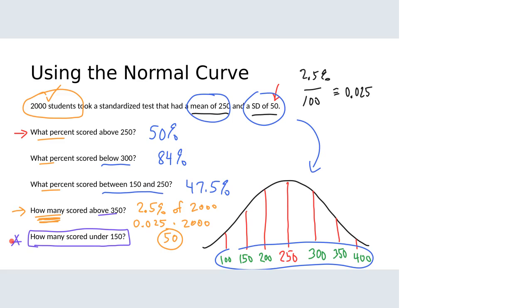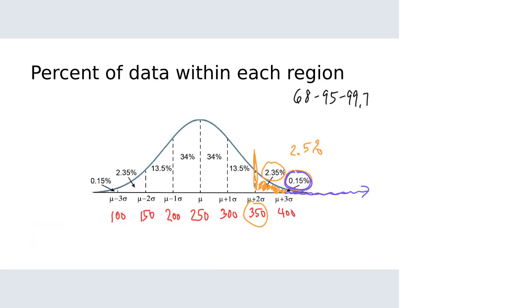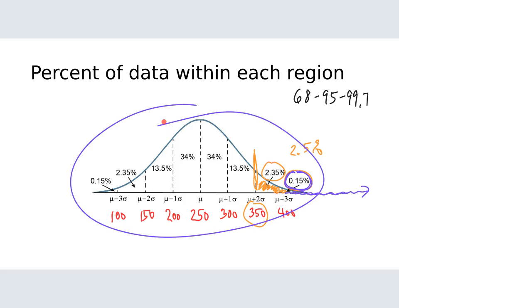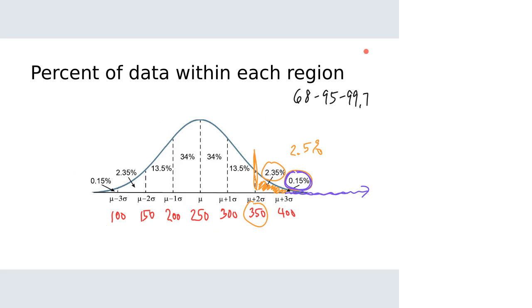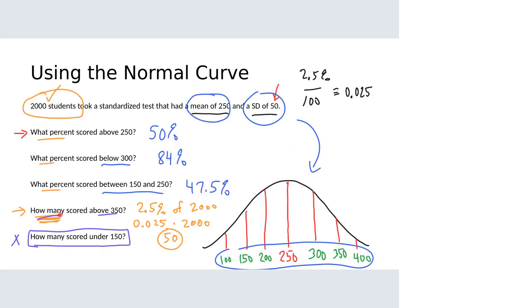Okay, well, let me see if I can help a little bit here. Oh, I see what you're saying. It's the how many that's giving you trouble. Now we're not saying what percent. Our answer isn't to look at this chart, add up the percents, and report that as an answer. Now the question says, how many students scored that?